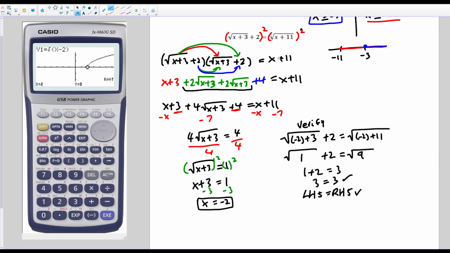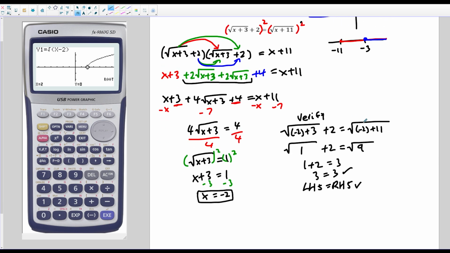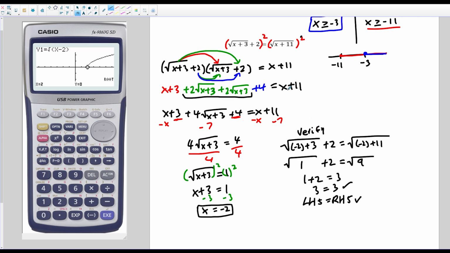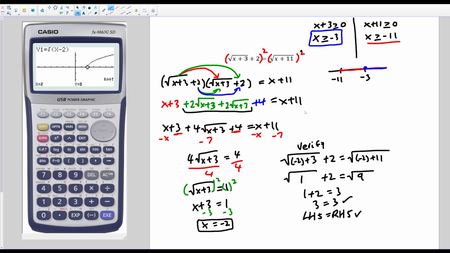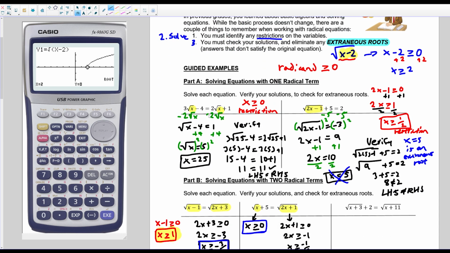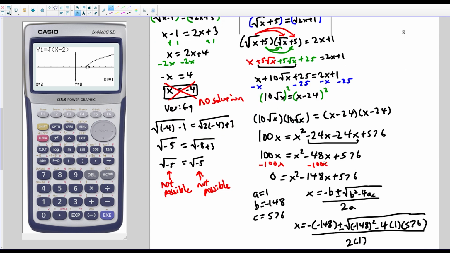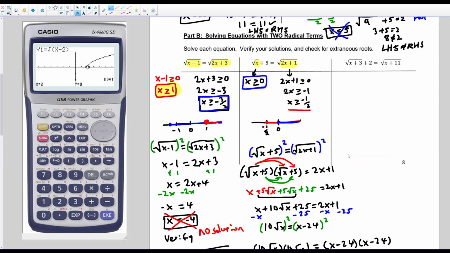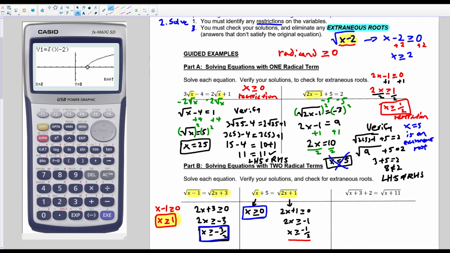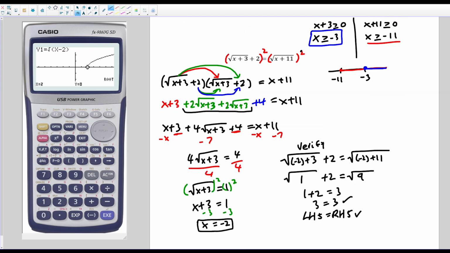Now, one thing that we haven't talked about yet is, even though we verified this and we've gone through it, one other way that we can also verify that you've done everything correctly is by using your graphing calculator. So if we go back to, let's go to something with a nice solution here. Let's go to, maybe we'll go to, oh, we don't really have anything with really nice solutions.